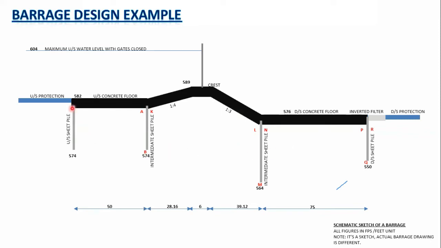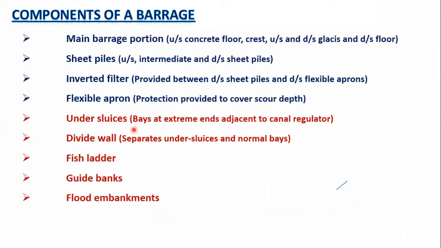If we have a concrete floor laid on simple earthen ground, moisture will start traveling from the upstream side towards the downstream side, and the moisture path is intercepted by the sheet piles. The depth of the sheet piles is kept such that we intercept the moisture path, and the sheet piles also hold the soil beneath the main barrage portion.